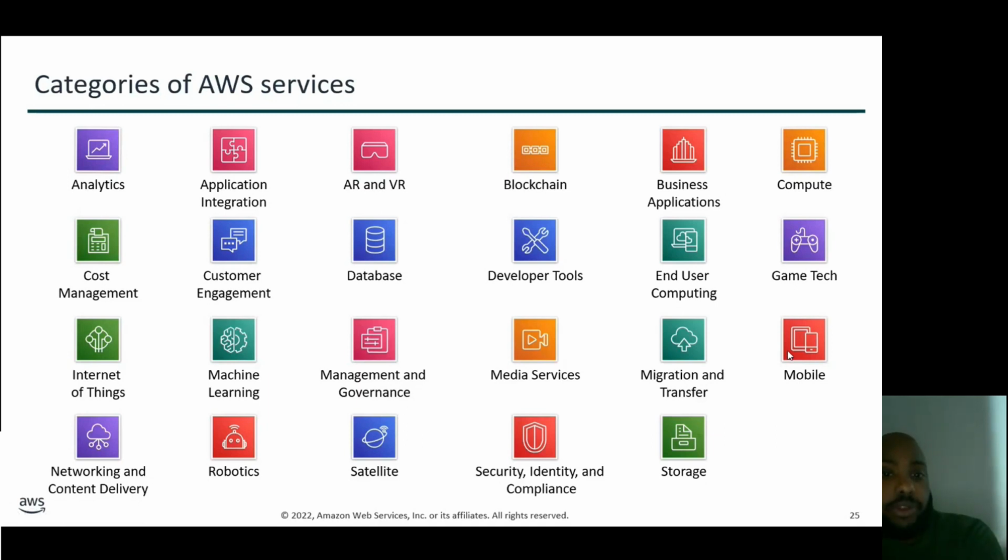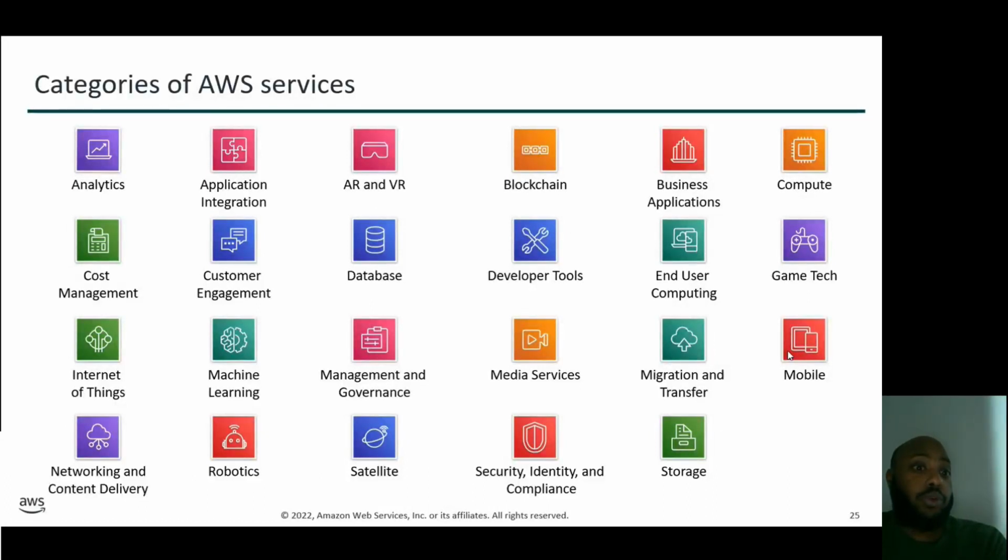Now, just taking a look at this picture, you could imagine the wide range of different things we could build on the cloud. If I wanted to build a blockchain service, if I wanted to build my own cryptocurrency, I could simply host it on AWS. If I wanted to have a database, I could have it on AWS.